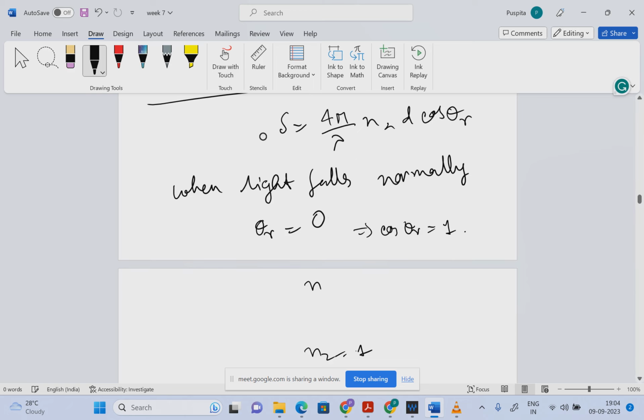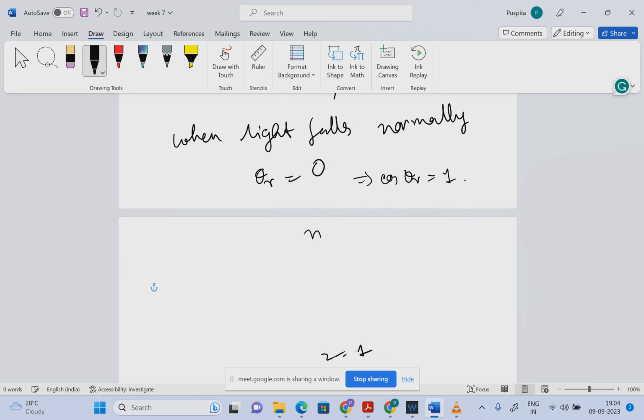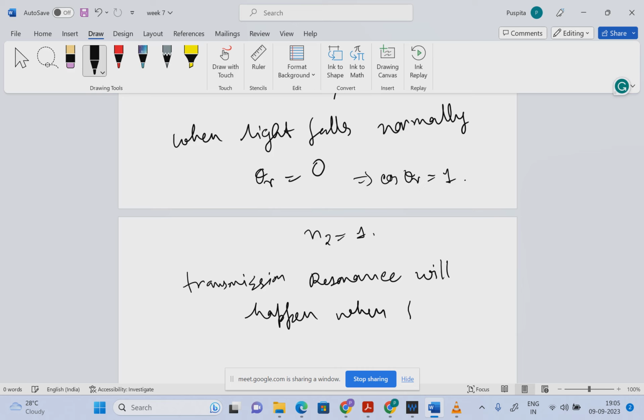Transmission resonance happens when delta is equal to 2m pi.